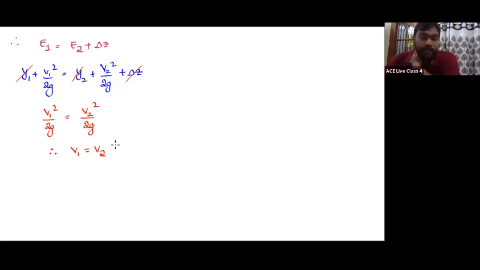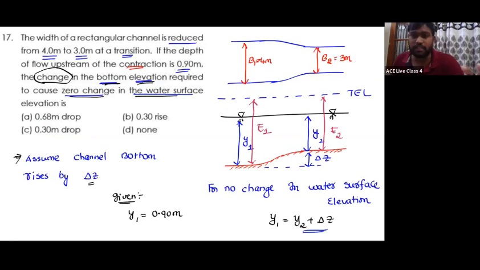So now you tell me, whenever the flow velocities are the same, can I say that the flow is a uniform flow? If you are smart enough, you can represent those things directly here itself. Whatever this is, it is V1 square by 2g, and here V2 square by 2g.